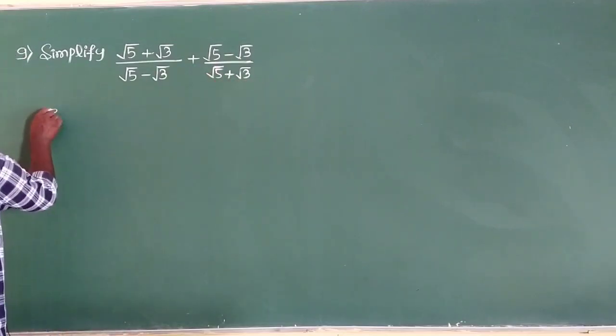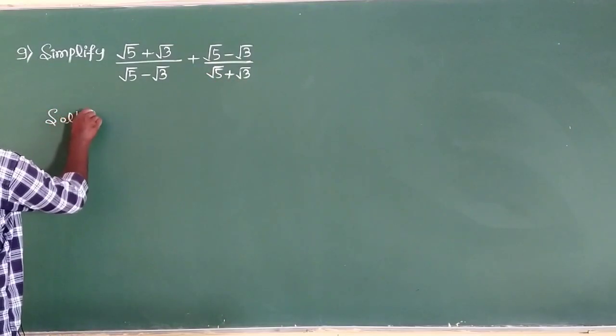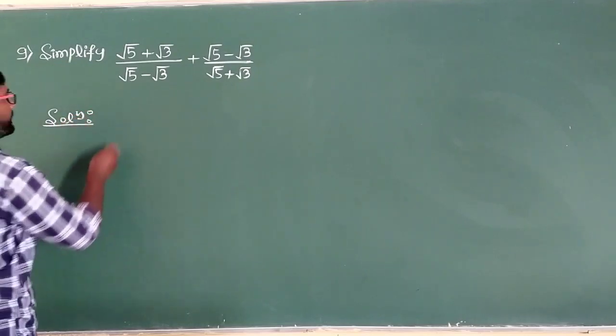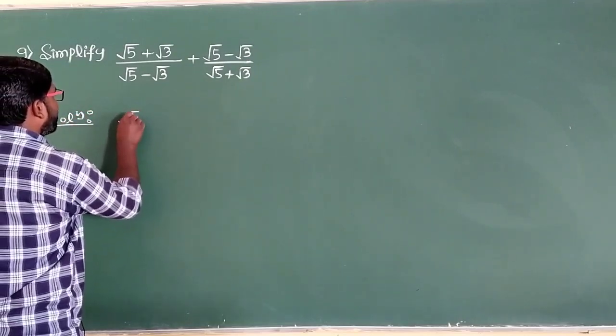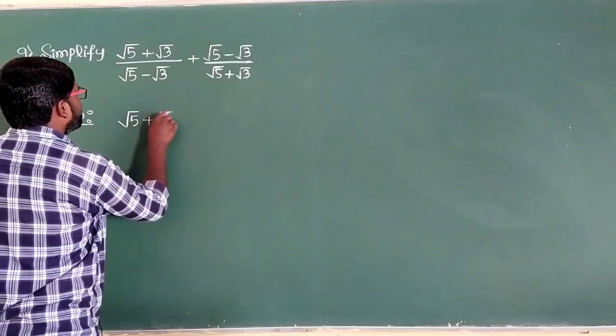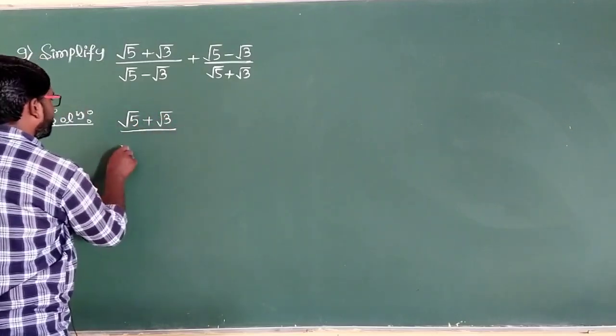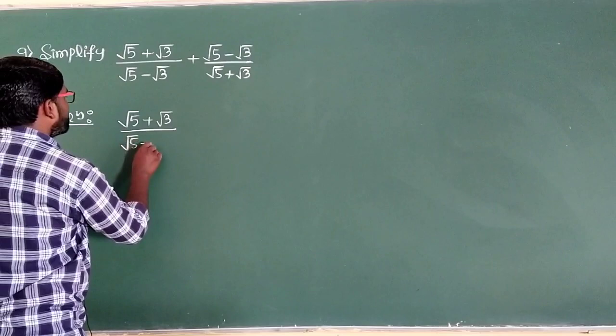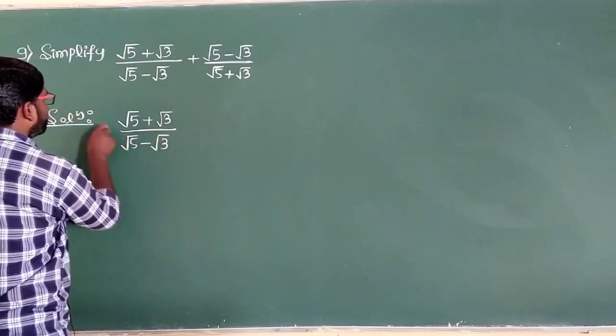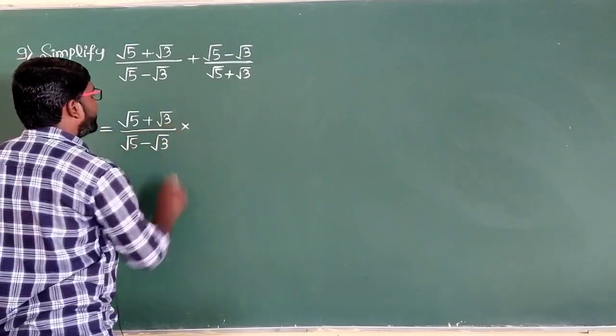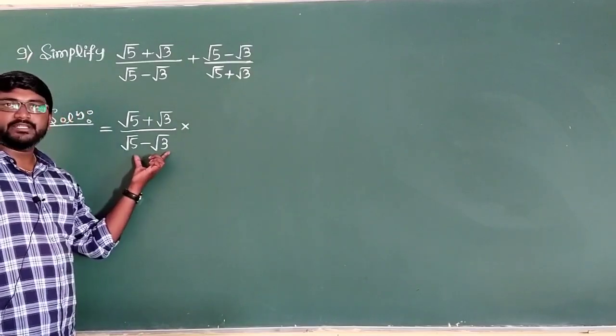So here we have to rationalize the denominator. So root 5 plus root 3 divided by root 5 minus root 3. Multiply and divide by the opposite sign of the denominator.